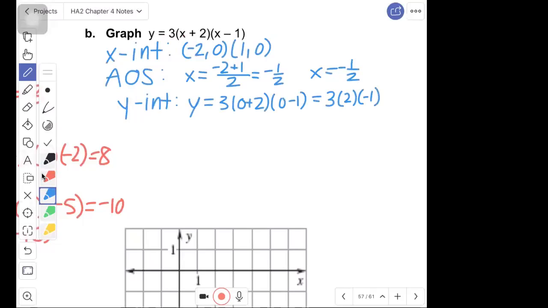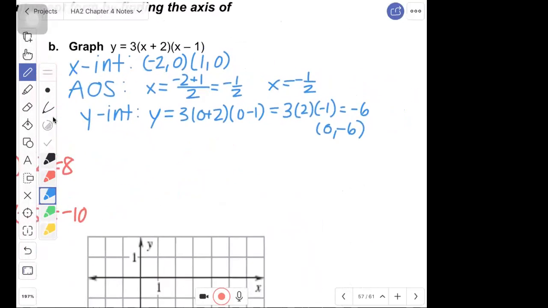What about Alyssa? Oh, I'm sorry. I was still muted. It's okay. Go ahead, Brooke. -6, and then the intercept would be (0, -6). Good job.